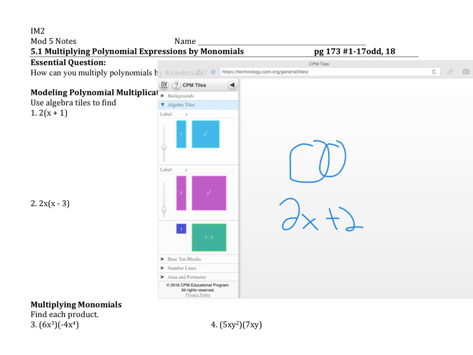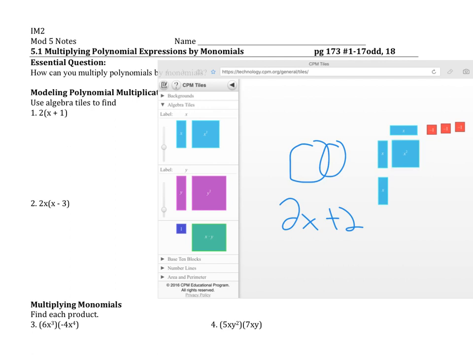I have my x, and we have 2 of them this time, and then we have an x, and then a minus 3, so I have 3 of these tiles, and they're negative because it's a minus 3. Now we have an x times x, which gives us an x squared here.